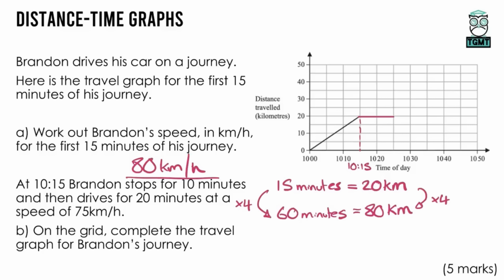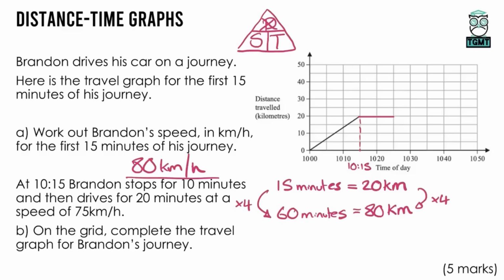So 20 minutes at a speed of 75 kilometres per hour. Now there are different ways that you could approach this. We could approach it in terms of a formula, like we've done before. So speed, distance, time, we could use a formula triangle, if you prefer. We want to know a distance. We have a time and we have a speed, so all we have to do is multiply these two pieces together.